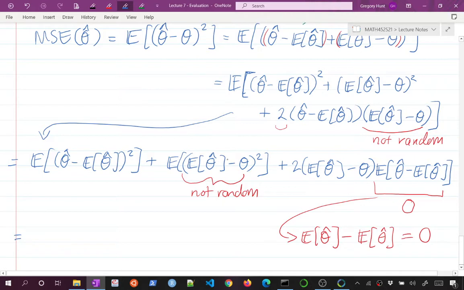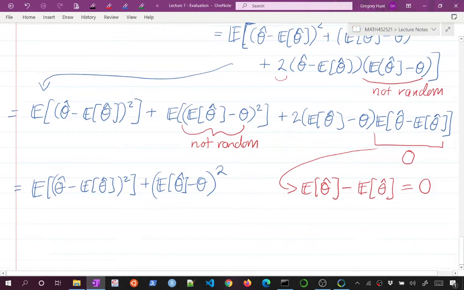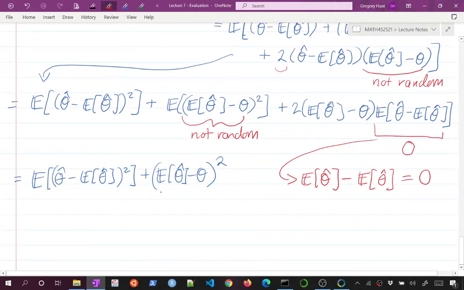Theta is not random, the expected value of theta hat is not random. So I can just drop the outer expectation and get plus this thing, quantity squared.